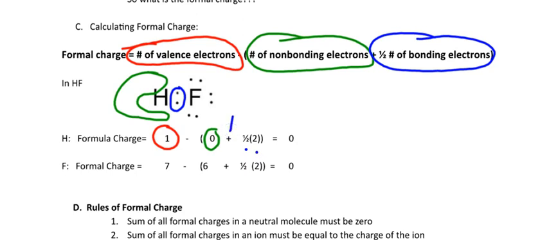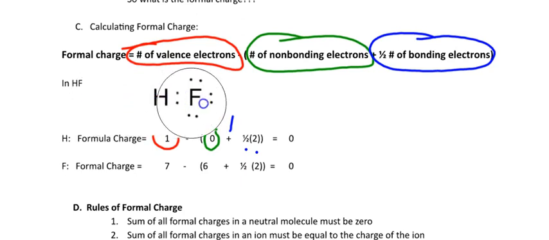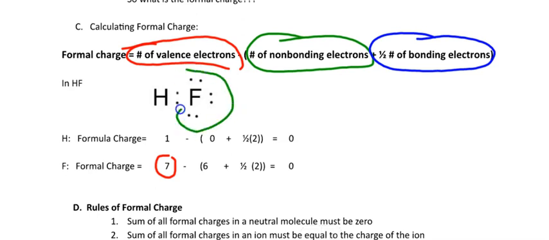Okay, let's check out fluorine too. Hang on a second, let me erase this a little bit, and let's see what we do for fluorine. Well, how many valence electrons does fluorine have? Are you looking at your periodic table? It's in group 17. Hopefully you know it's 7. Okay, then what? How many non-bonding electrons do you have? How many lone pairs do you have? And do you see these right here? These are my non-bonded electrons.